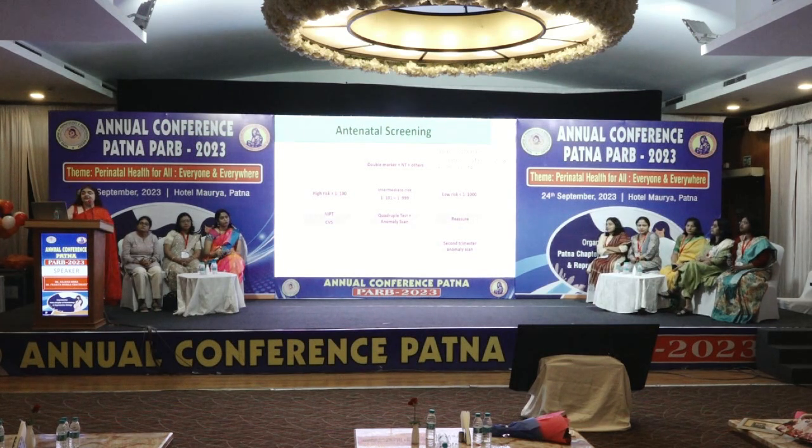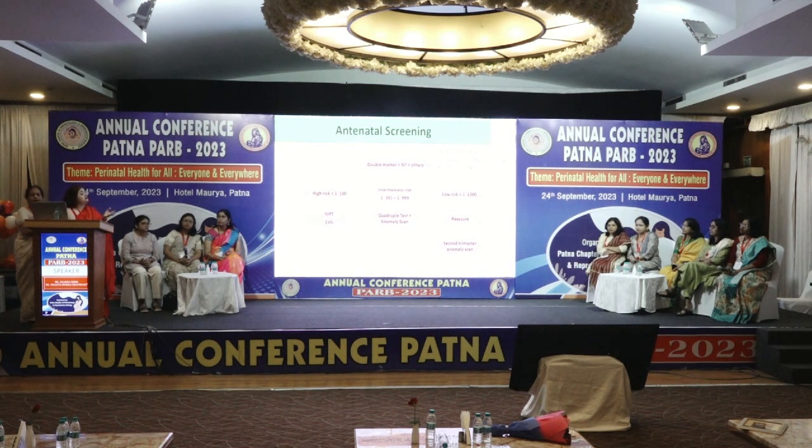The FOGSI recommendation is that if the risk is high, which is greater than 1 in 100, then you could go for NIPT or chorionic villus sampling. If the risk is intermediate, between 1 in 101 and 1 in 999, then you can offer those women quadruple marker screening.